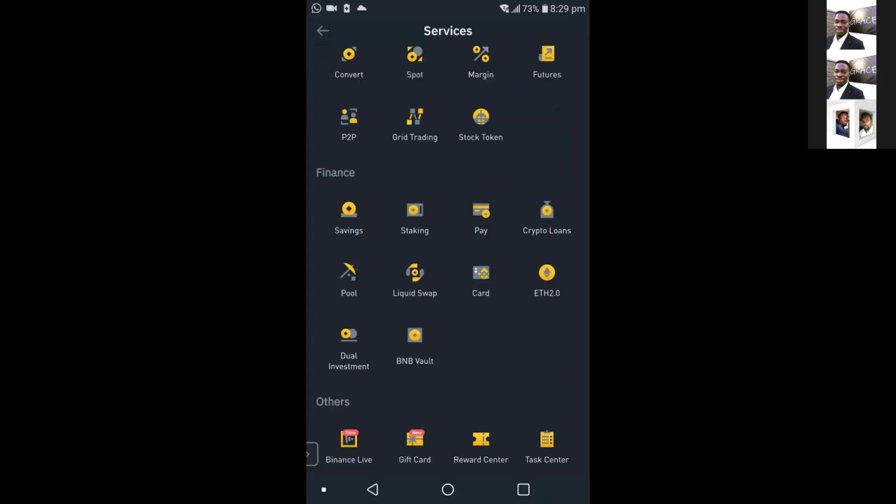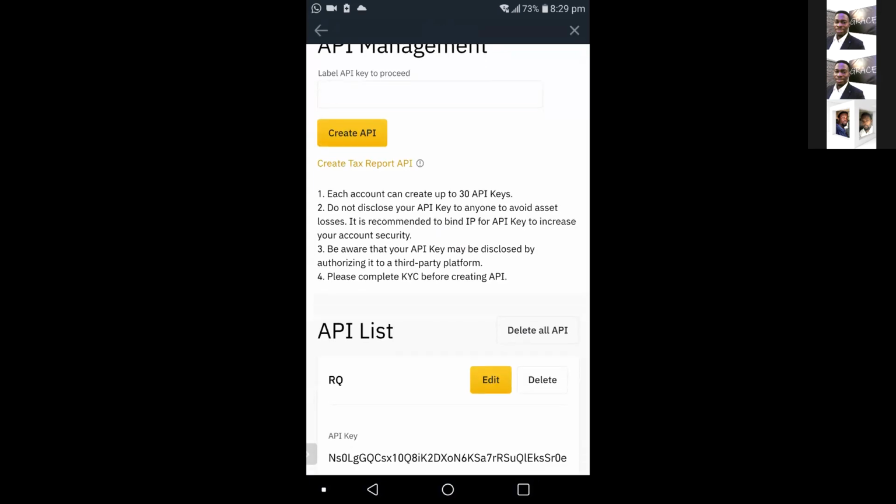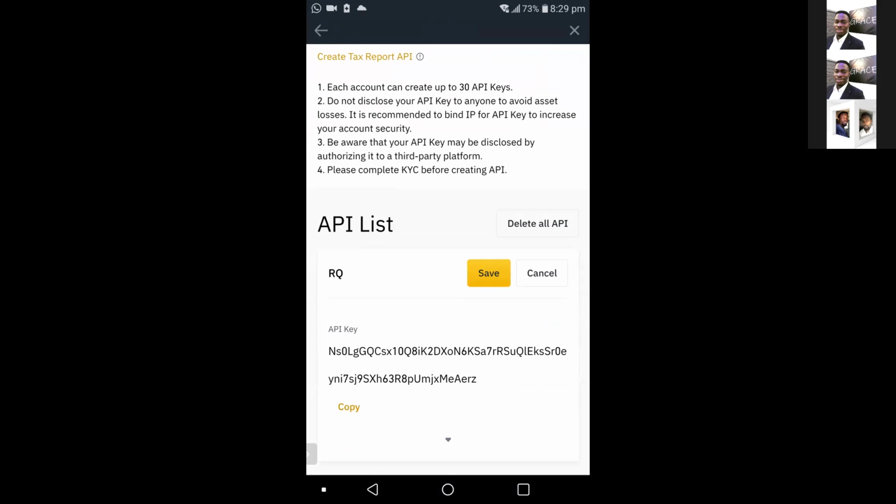Once you do that, you'll be able to create your API key. Now that IP address that was copied, let me show you real quick where that will be.